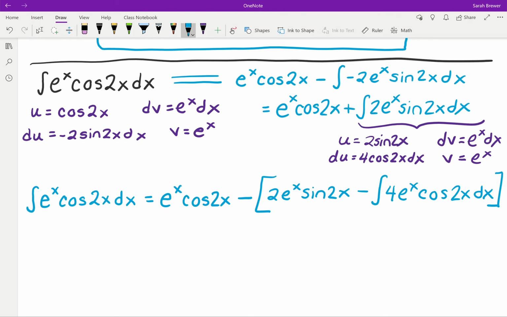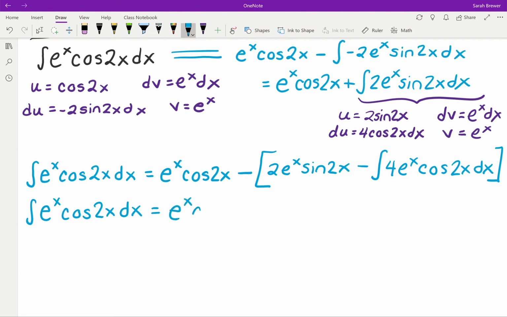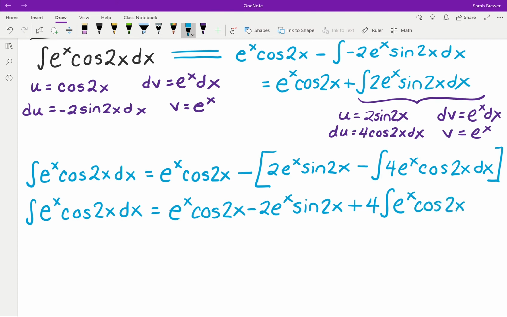Let me simplify those negatives. So we see that we have the integral of e to the x cosine 2x dx is equal to e to the x cosine 2x minus 2e to the x sine of 2x, and that's going to be plus, I'm going to bring this 4 outside that integral, so plus 4 e to the x cosine 2x dx.